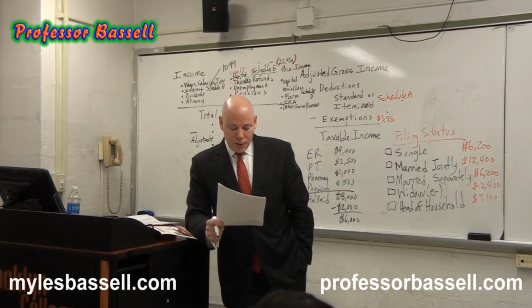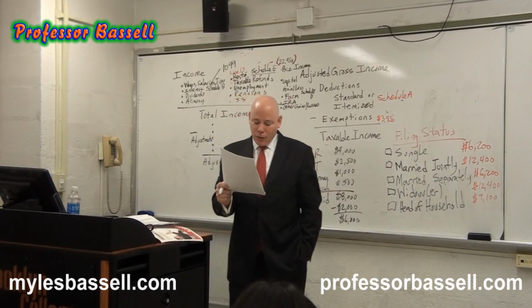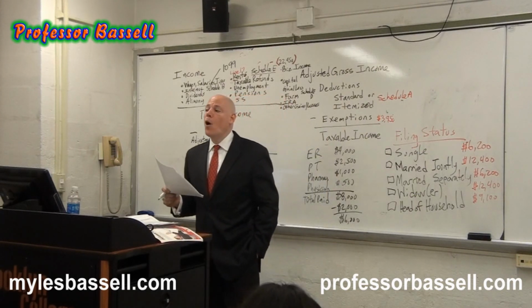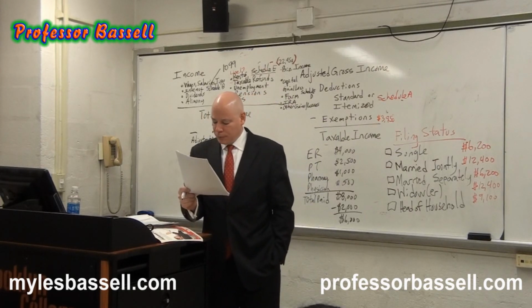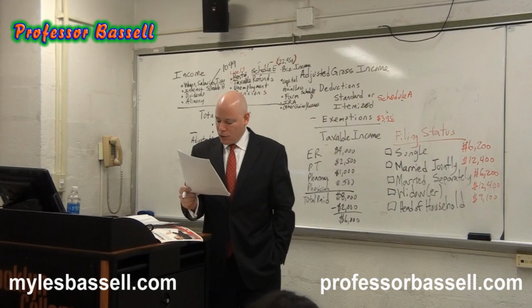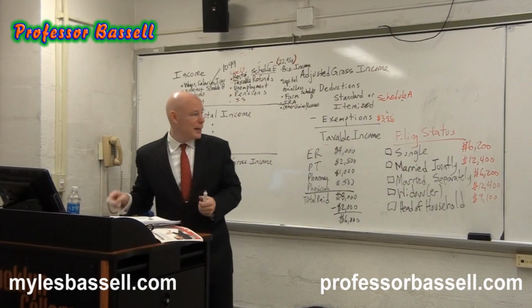And the next section, job expenses and miscellaneous, is also 0, but importantly, note that in order for that to be deductible, it needs to be more than 2% of AGI. In this case, it's 0. So what is the total amount of our itemized deductions? $39,000.